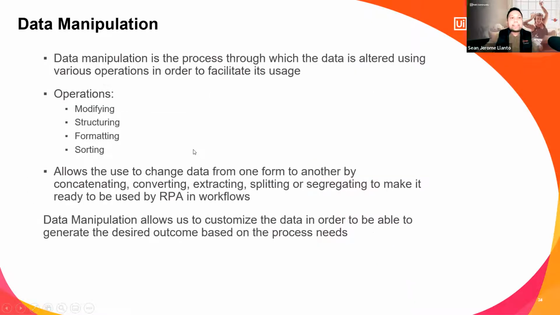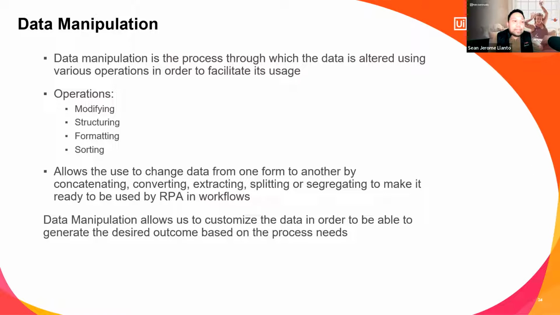Another common thing that we are doing when handling data would be performing data manipulation. And data manipulation is basically a process in which we are altering the data to be able to facilitate its use for maybe another system or another platform.